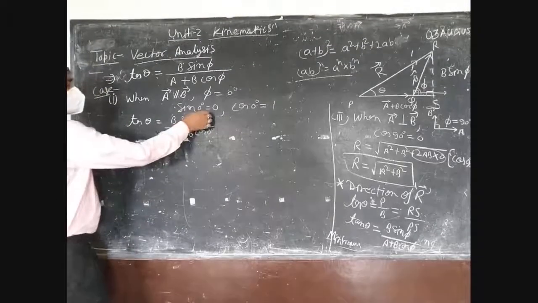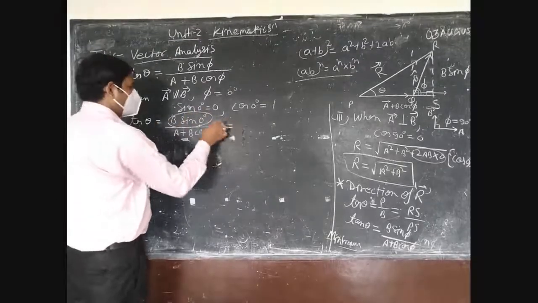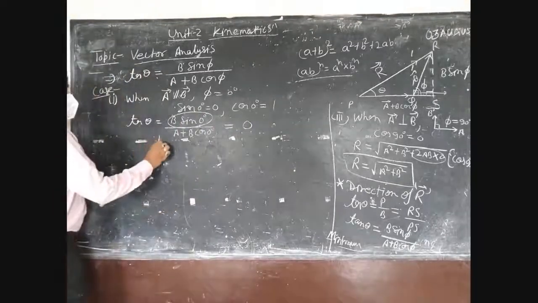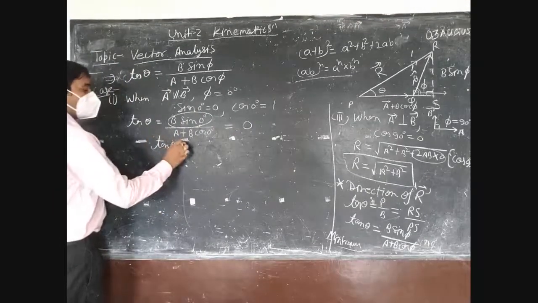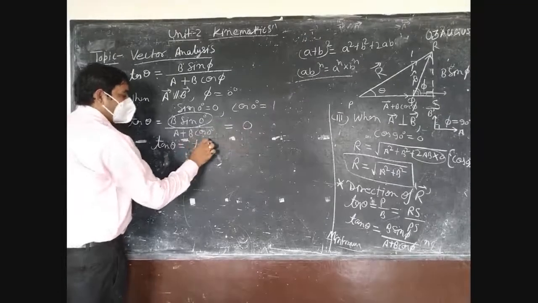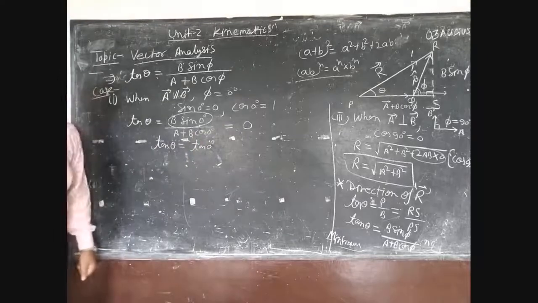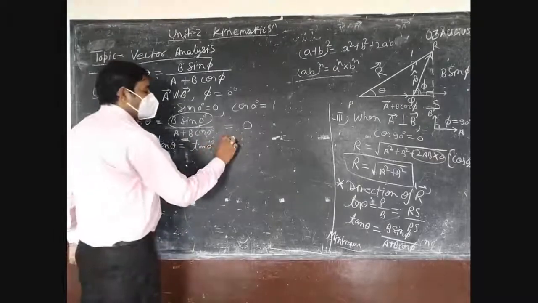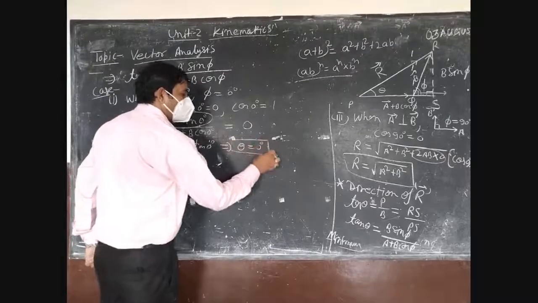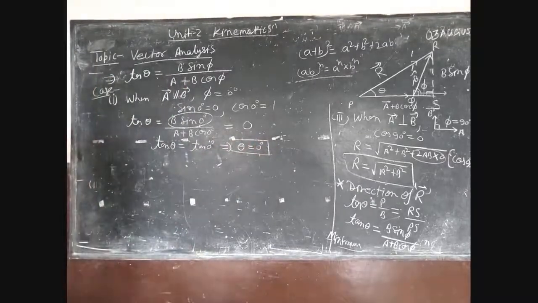As the numerator becomes 0, the result is equal to 0. The value of tan theta is 0 only for tan 0 degree, so the direction of the resultant is theta equal to 0 degree, which means it will act in the same direction. Understood?